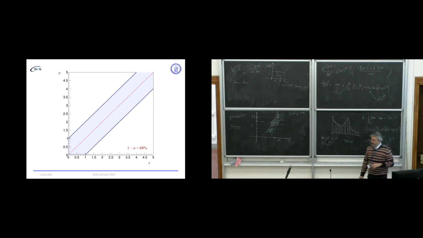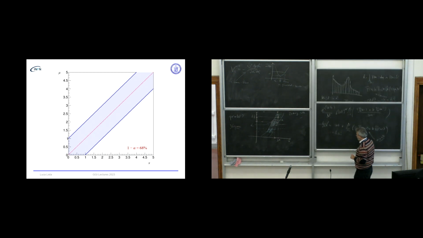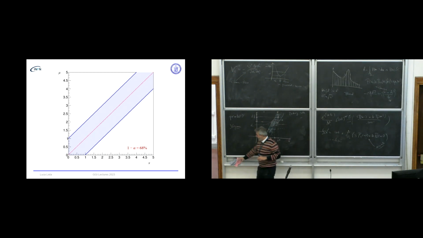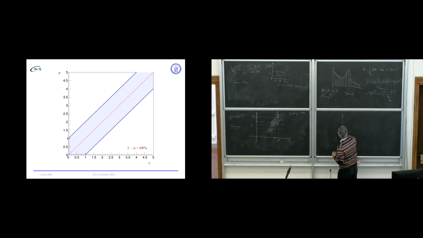Now, imagine the very simple case where I take a Gaussian. In case I have a Gaussian distribution, the interval is very easy to construct, because if this is x for a given mu, the most likely value will be exactly mu, and then the interval will be 1 sigma wide. I have taken sigma equal to 1.